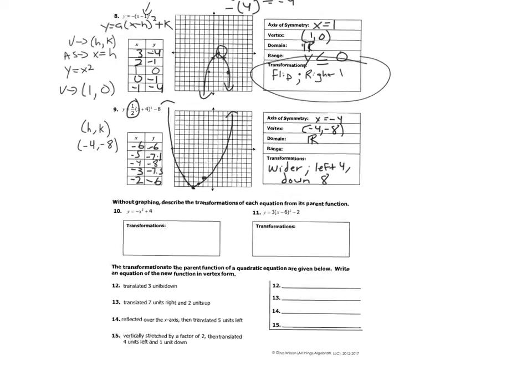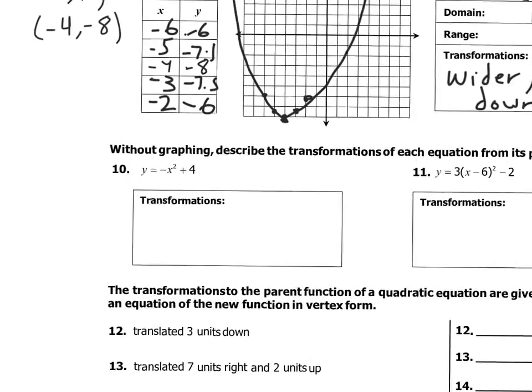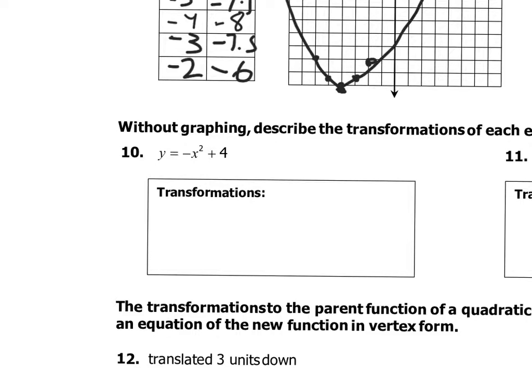All right, without graphing, describe the transformation of each equation from its parent function. So remember, the parent function is y equals x squared. So here we have a plus 4. So that would be a change in your k, right? So remember, the standard form of an equation is y equals a times x minus h squared plus k.